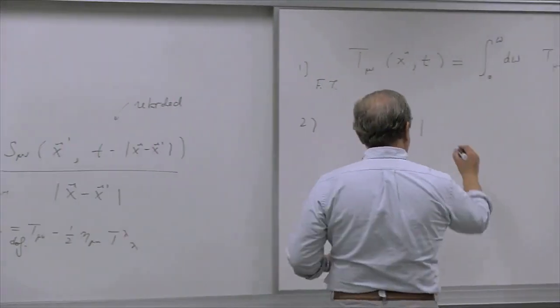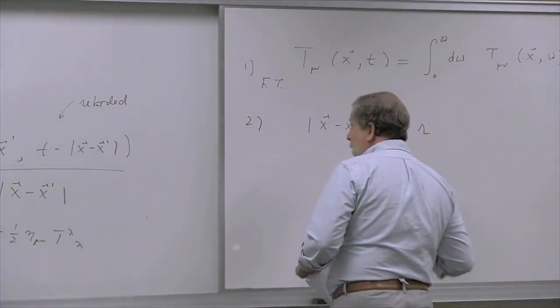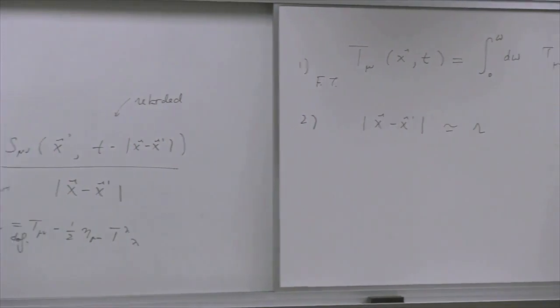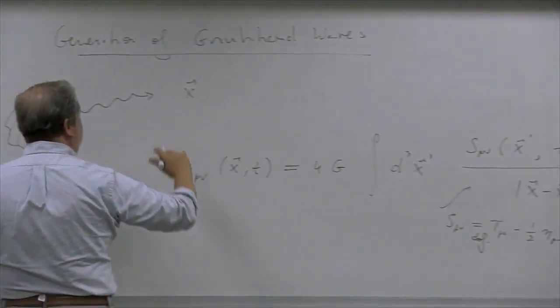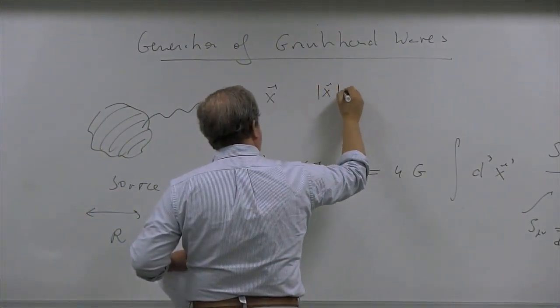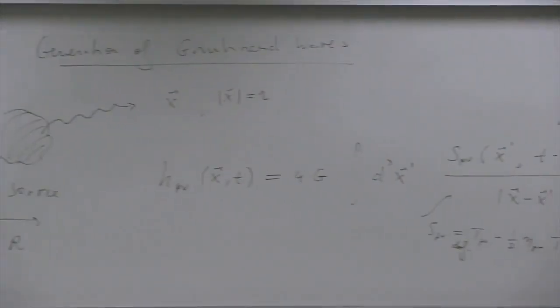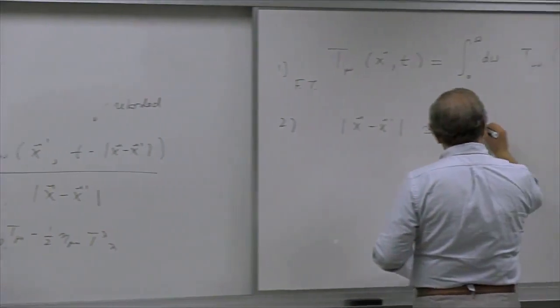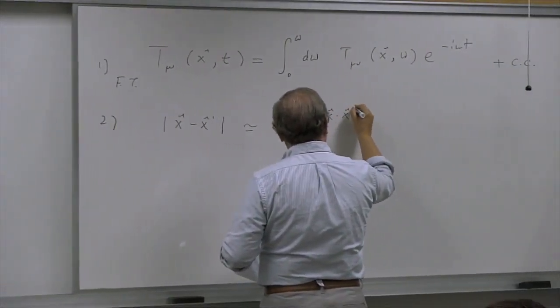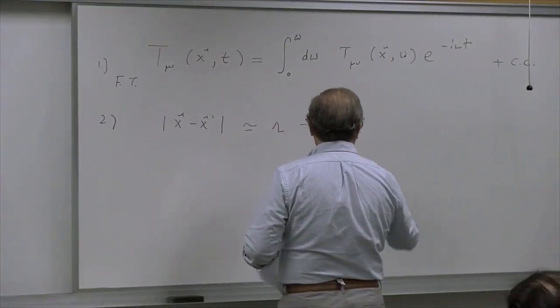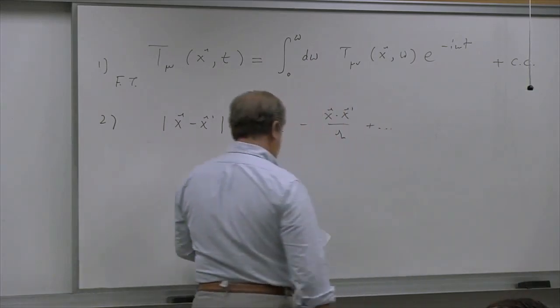This is going to be, to leading order, r. So this point x is far away, so the magnitude of x is equal to r. And r is big, so we can write this as r minus x dotted into x' divided by r, plus dot dot dot.